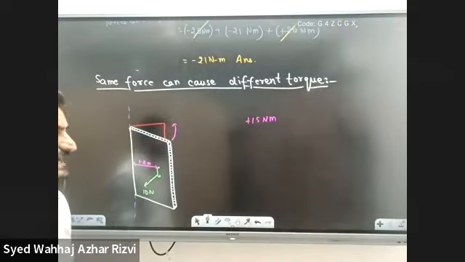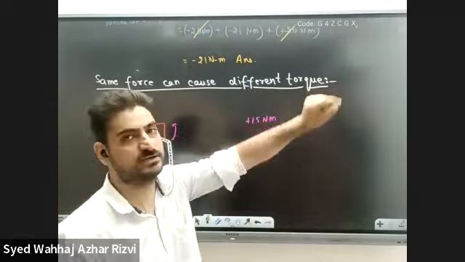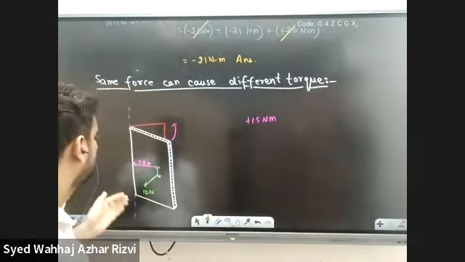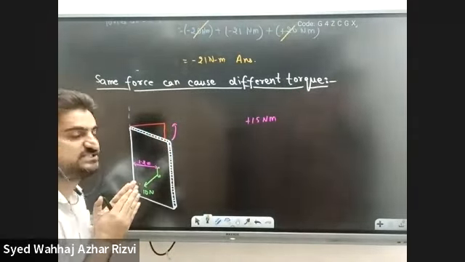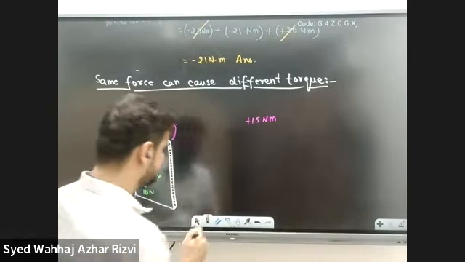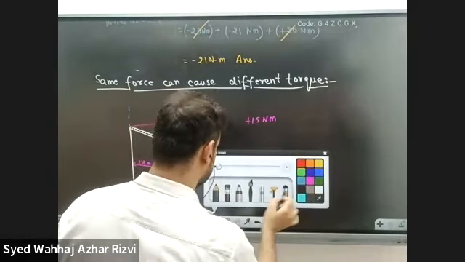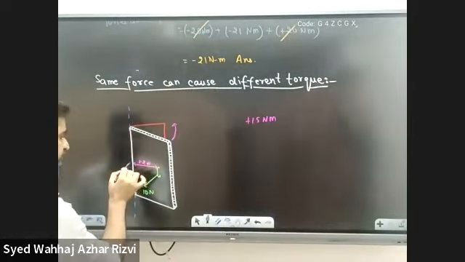So now you understand that the same force can cause different torque depending on the distance from the axis. We have another word for the axis, and that word is fulcrum.